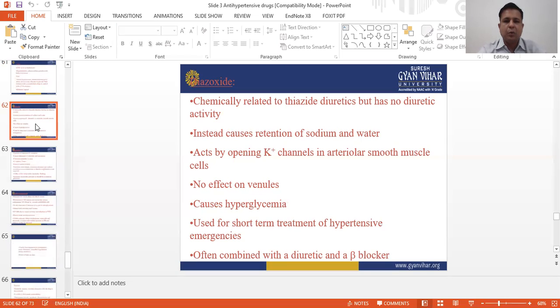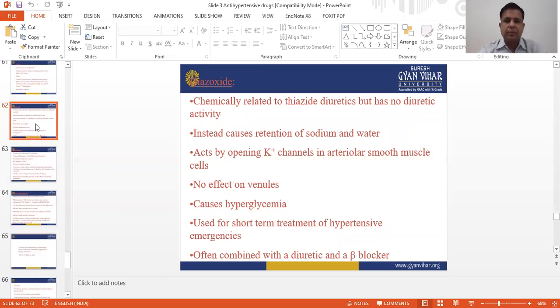It acts by opening potassium channels in arteriolar smooth muscle cells, with no effects on venules.